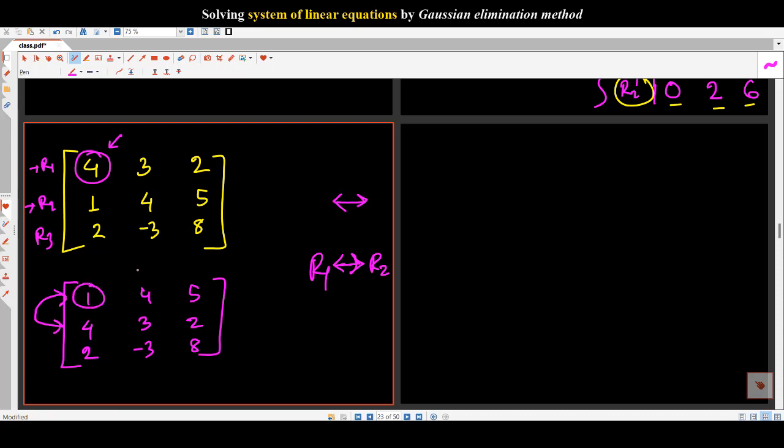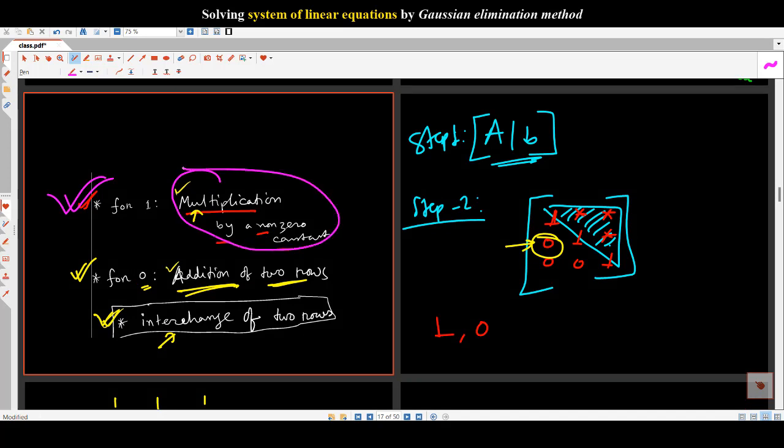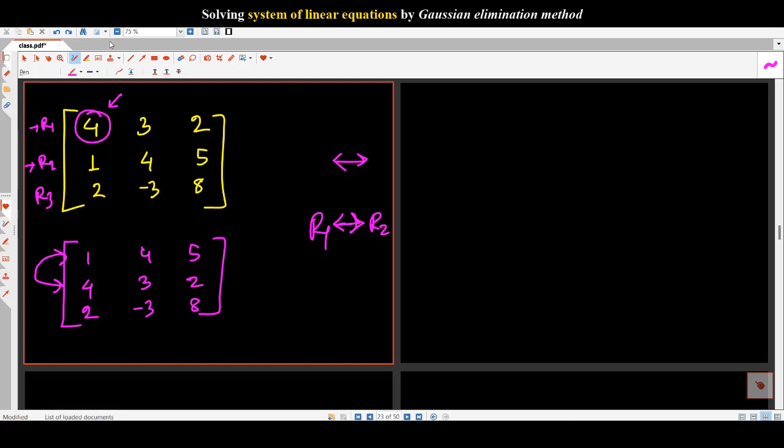So remember, for making 1, always you have to do multiplication with a non-zero constant. For making 0, we have to do addition of 2 rows. But besides these 2 operations, we also have interchange of 2 rows. If we can see that interchange can be done, you can easily do that, because you can see 1 here that can be interchanged and written here.